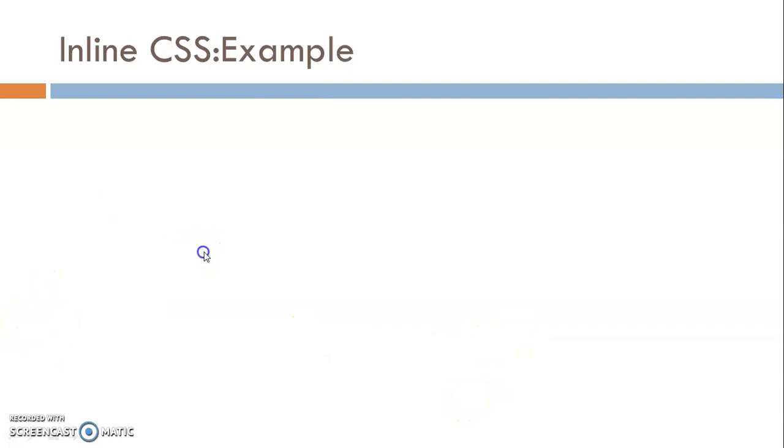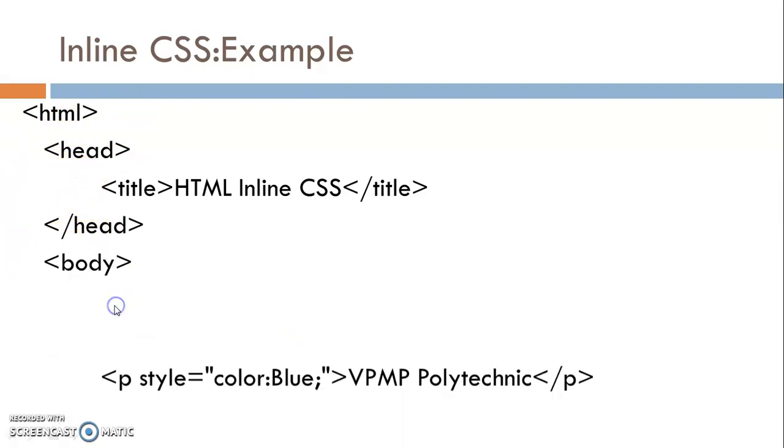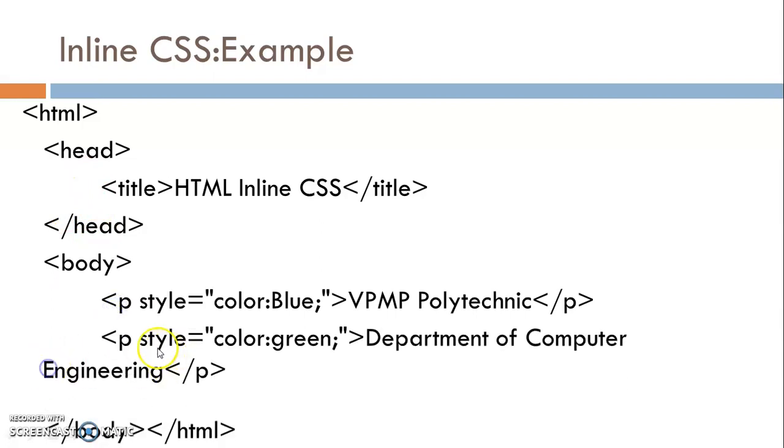For example, to create an inline CSS, I first write the HTML code like this: between html and /html I put head, and in the body tag I use two paragraphs.